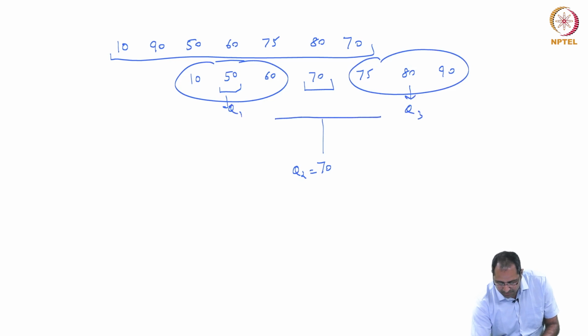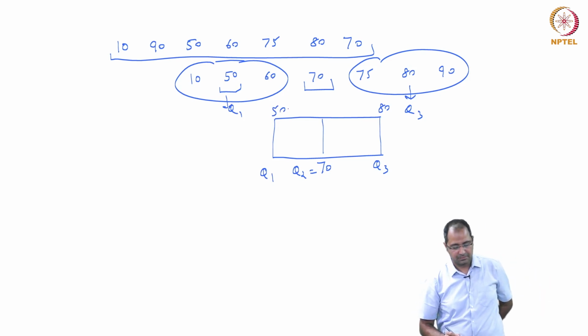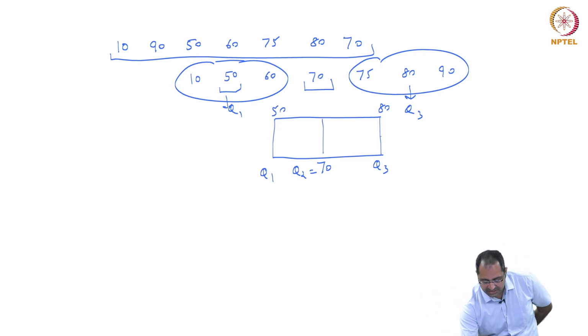So I will draw the box with quartile 3 is 80 and quartile 1 is 50. So box is ready.